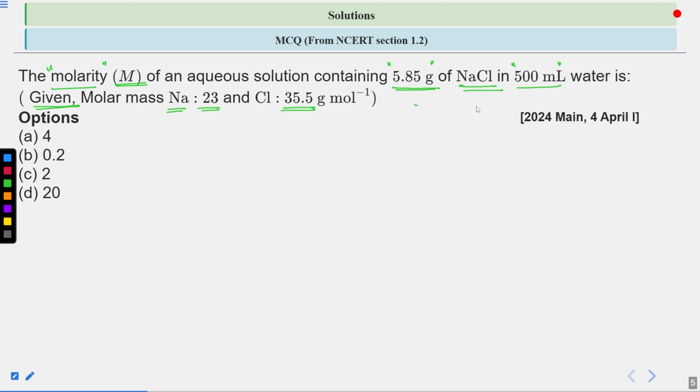Its weight is given, the volume of the water is also given, and their molar masses are also given. This question was in the 2024 mains exam, and the options given for solving it are 4, 0.2, 2, or 20.